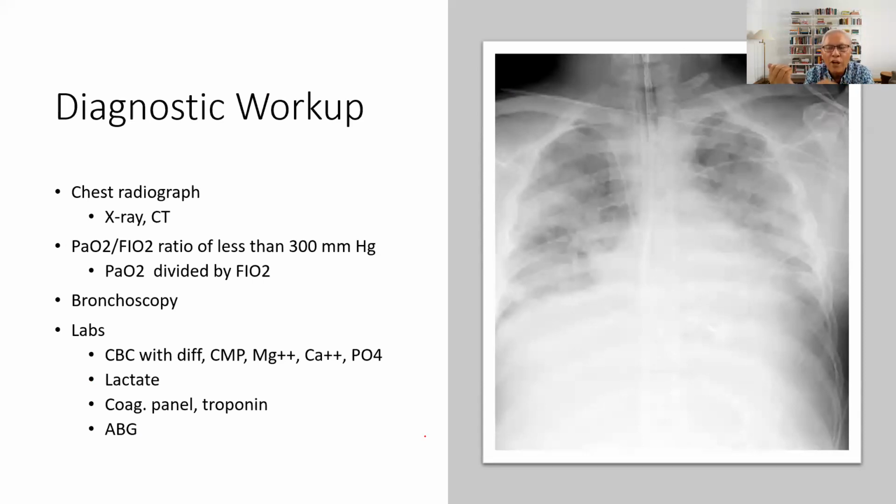So that is the finding that you will see. And the other finding that is going to be consistent with the diagnosis of ARDS is a PaO2 to FiO2 ratio of less than 300 millimeters of mercury.